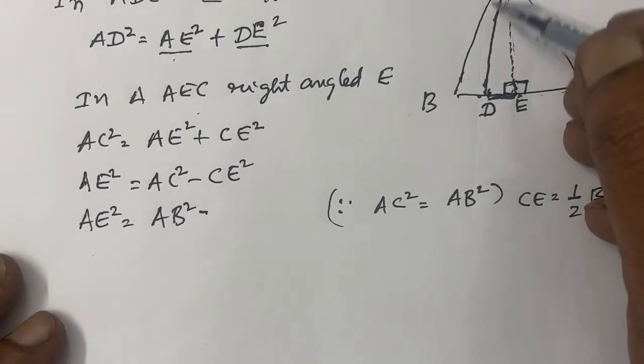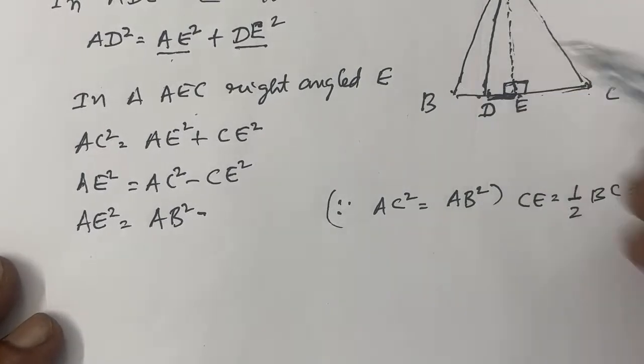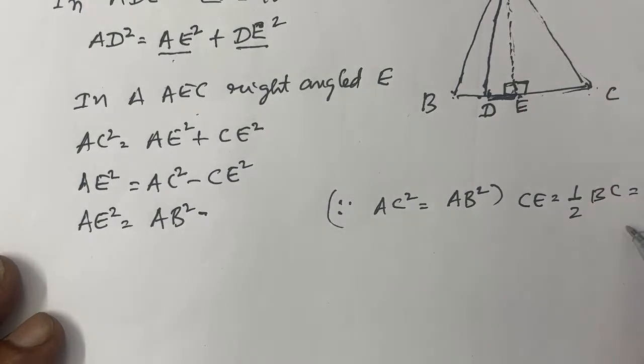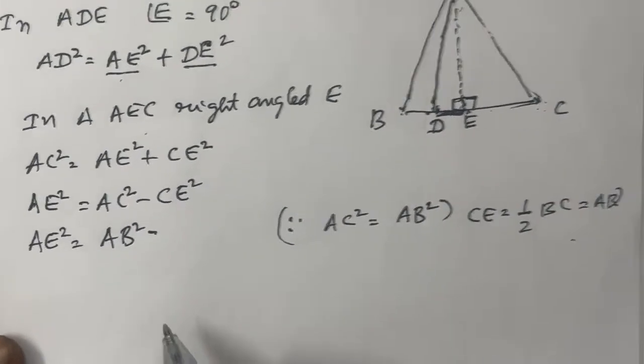So AB also I can write AB, BC also I can write AB, AC also I can write AB.